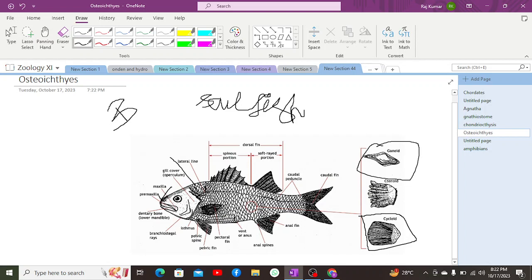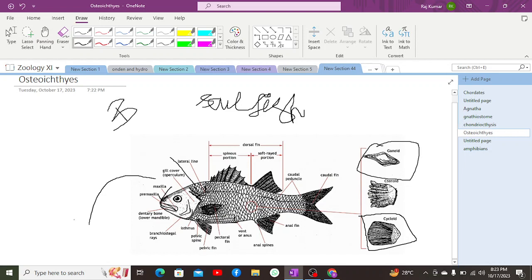Their mouth is present at the anterior tip, while when it comes to their gills, they are having almost four pairs of gills.